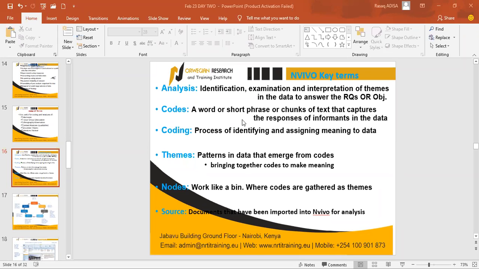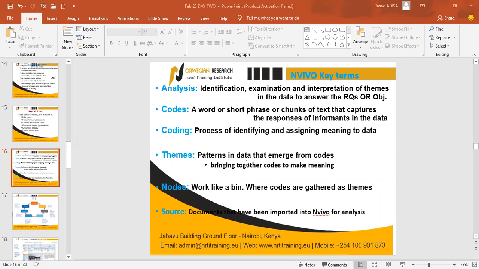That's what a code is all about. Then coding is the process of identifying and assigning meaning to data. Then themes come when we collapse all the codes to form a meaningful statement or to see a pattern. That's what we refer to as a theme.